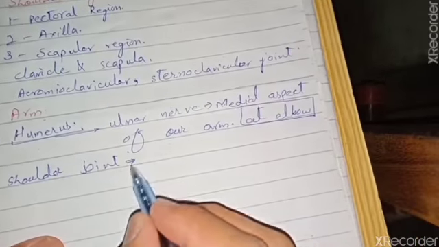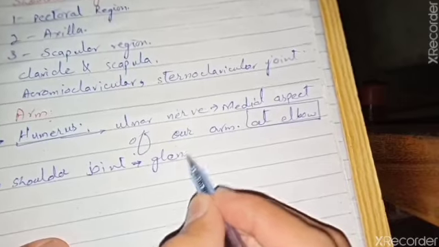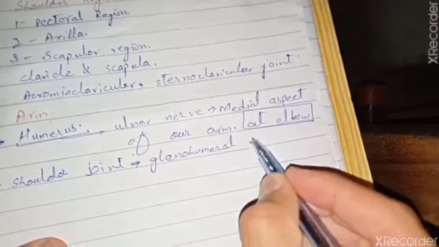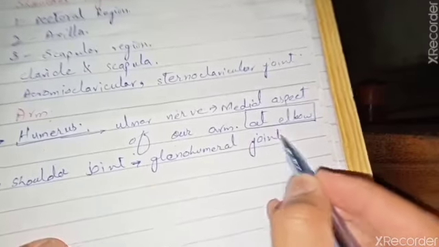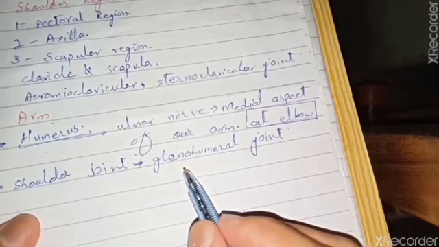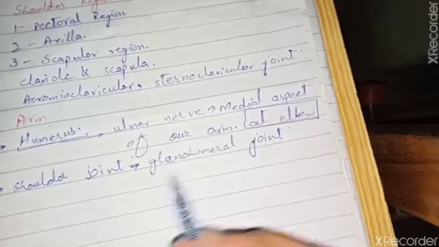Sorry for the disturbance. This joint is found between the glenoid cavity of the scapula and the humerus. Then we talk about the third division.